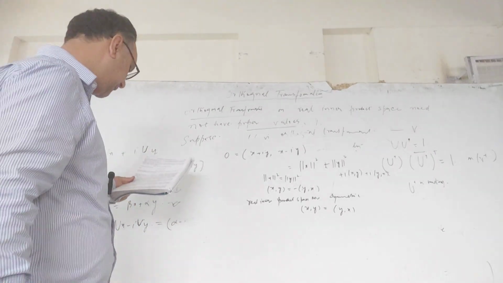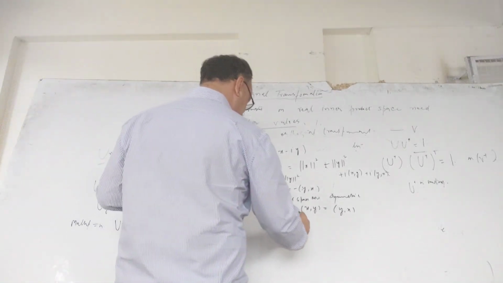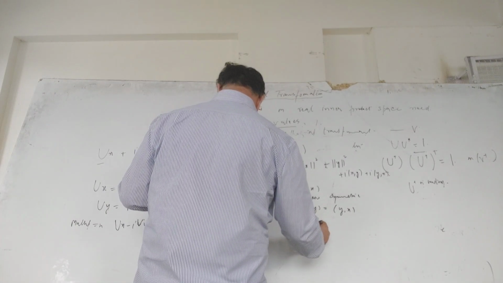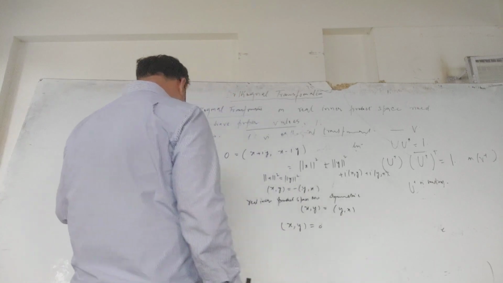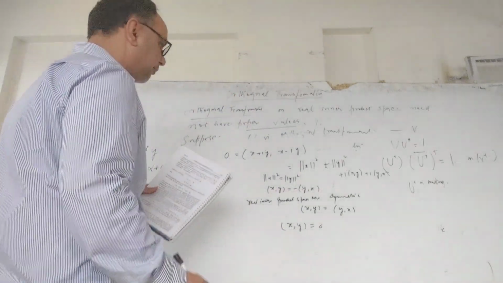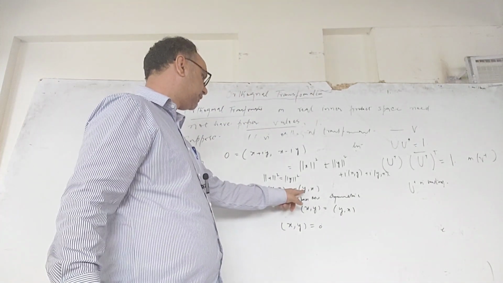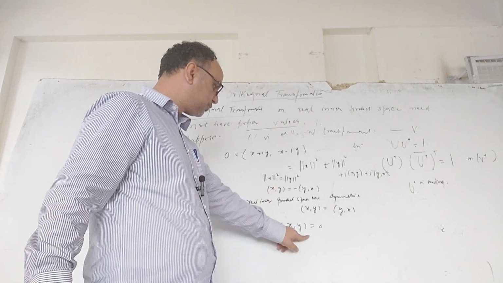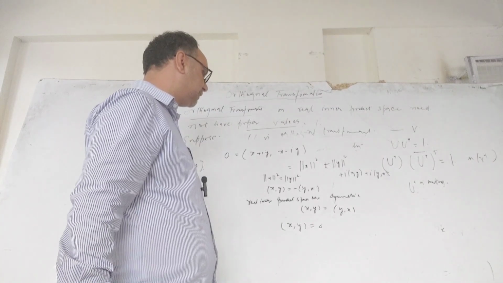So this means that xy is 0. So from this x minus y, if you change y to x, you can say xy is symmetric.